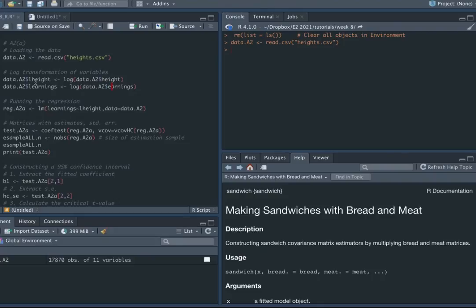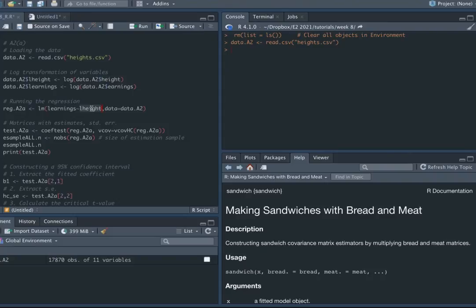Good. The first 3 questions ask us to run the regression of log earnings on log heights, and then construct a 95% confidence interval. This is a data set where we have both men and women, and so then they ask us to do this separately.